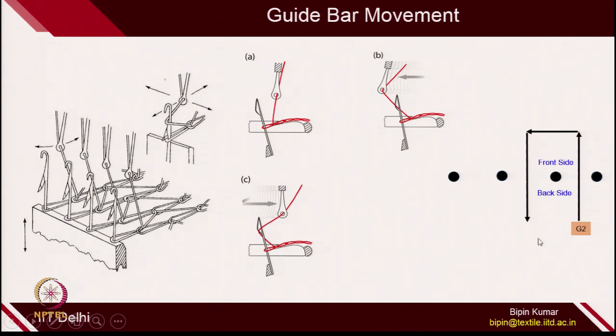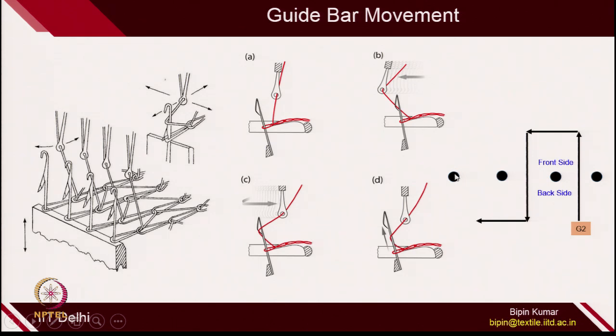Once this particular guide feeds the yarn to this particular needle, the guide has to change its position. As I told you, each individual guide will be switching needles in alternating courses.